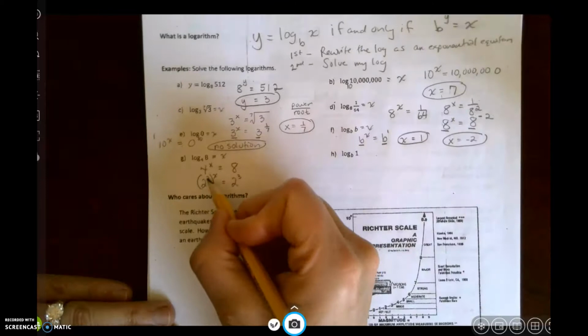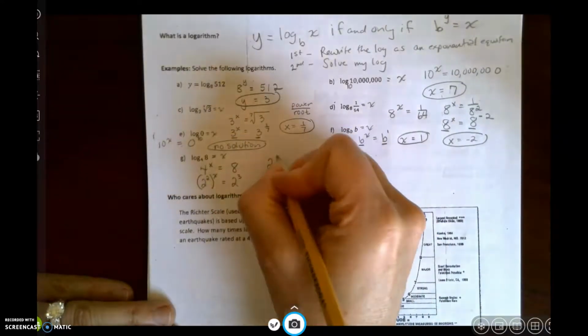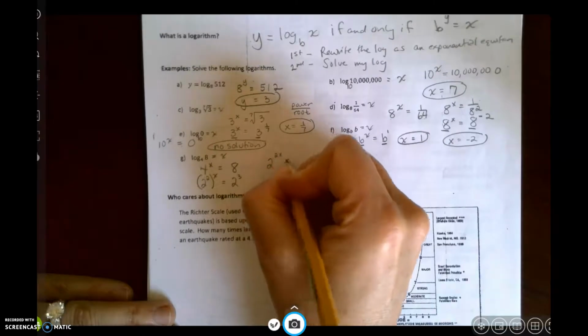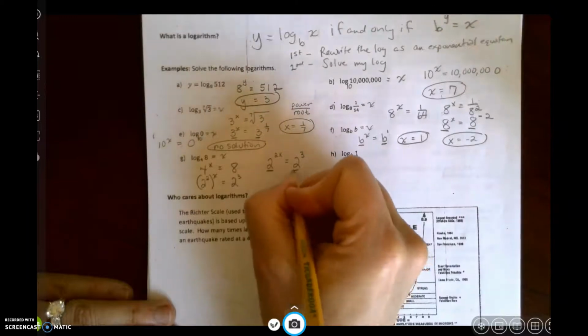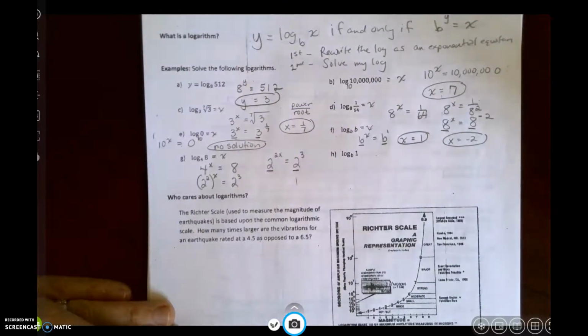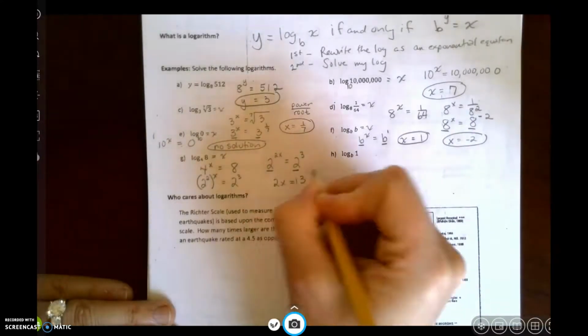And remember, power to a power, you multiply. So we have 2 to the 2x equals 2 to the third. We now have the same base. Therefore, 2x must equal 3.